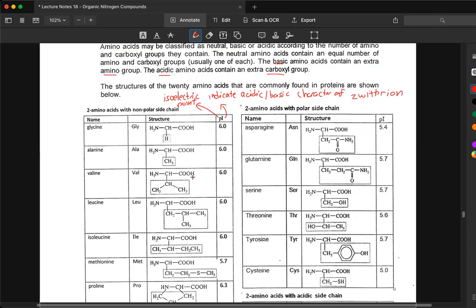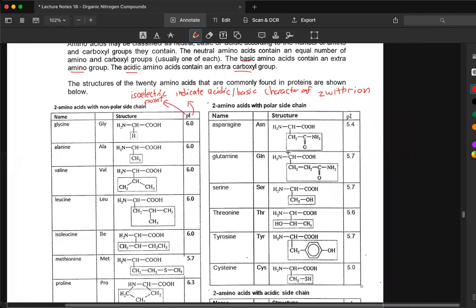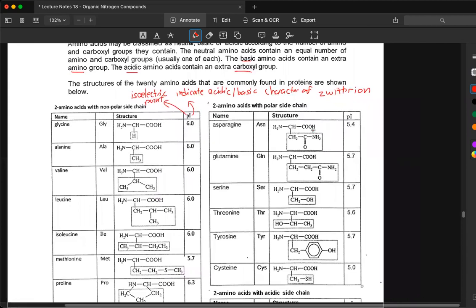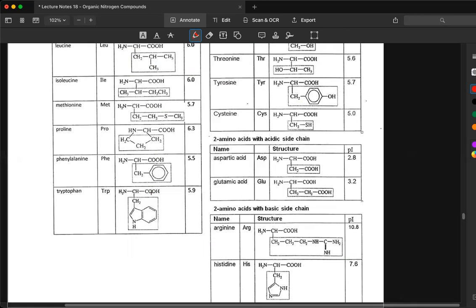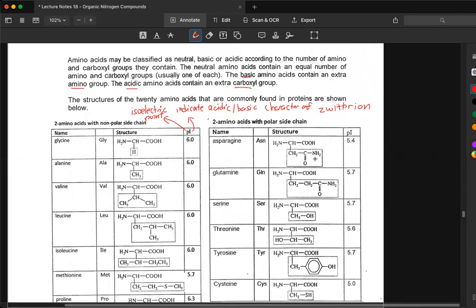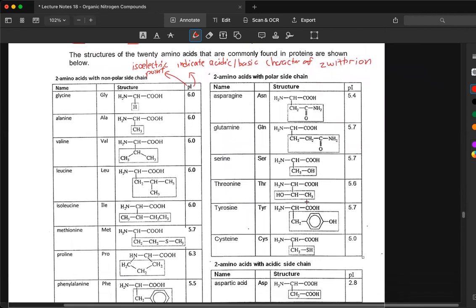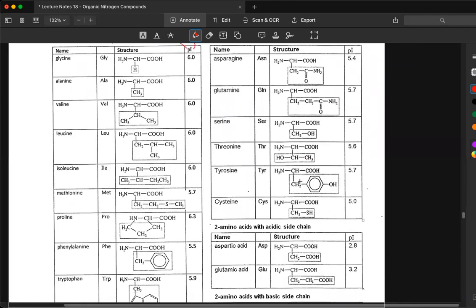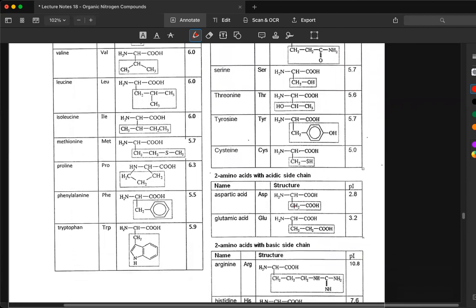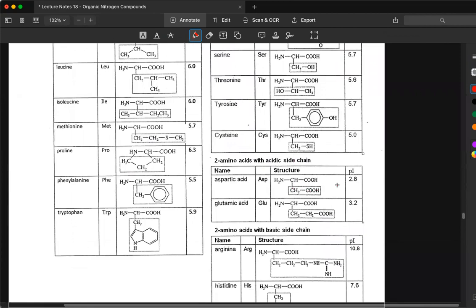Then with polar side chains. These are the non-polar side chains. For polar side chains, we have this, this, more examples. With acidic side chains, very acidic, no? Aspartic acid and glutamic acid.